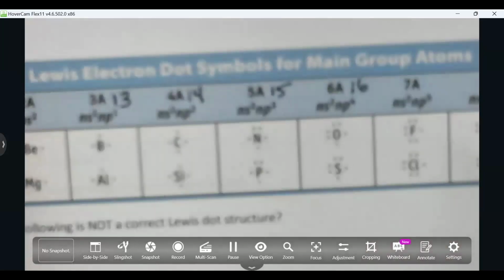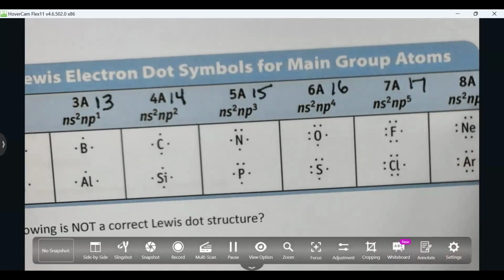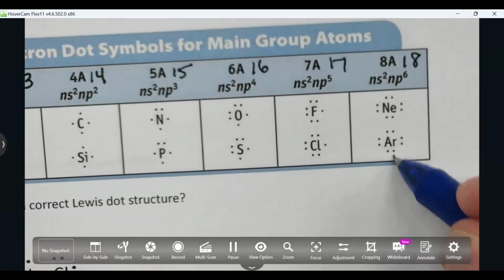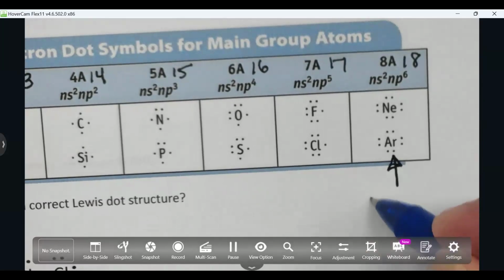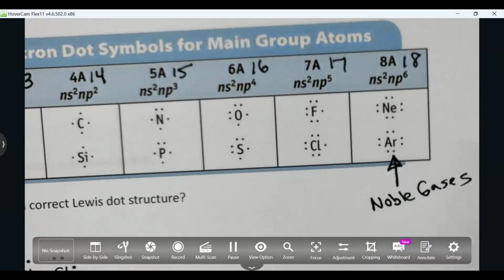Group 16, and so on, 17 up to 18. Notice right here again, these are noble gases, 8 valence electrons.